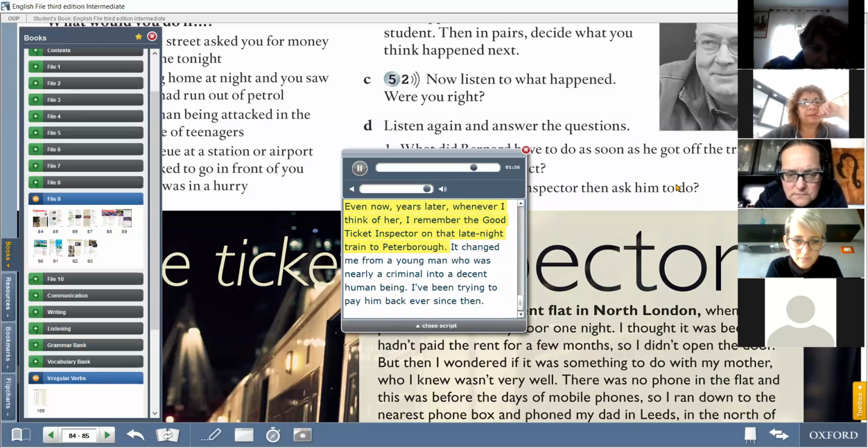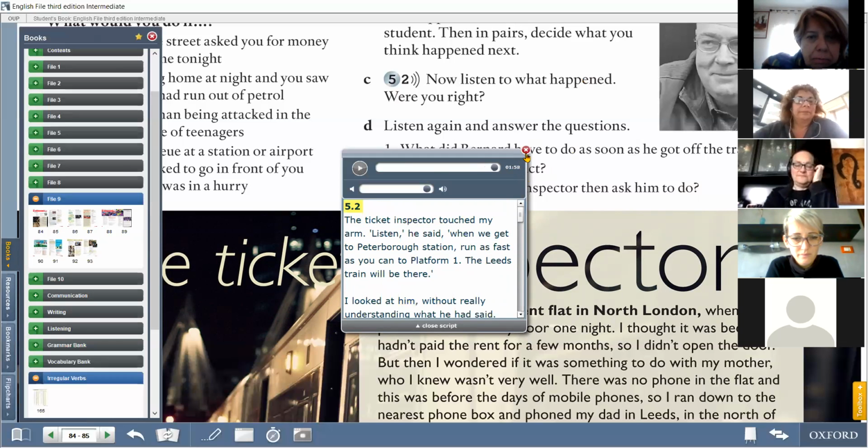Even now, years later, whenever I think of her, I remember the good ticket inspector on that late-night train to Peterborough. It changed me from a young man who was nearly a criminal into a decent human being. I've been trying to pay him back ever since then.